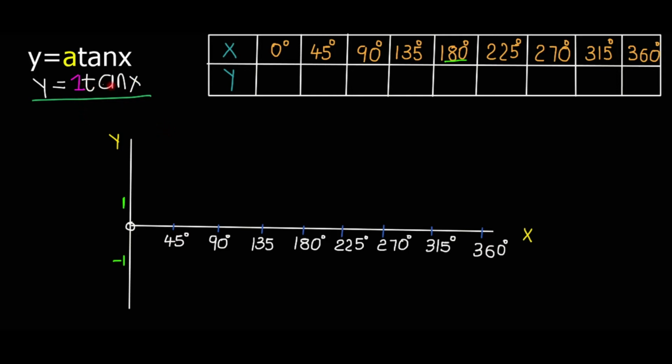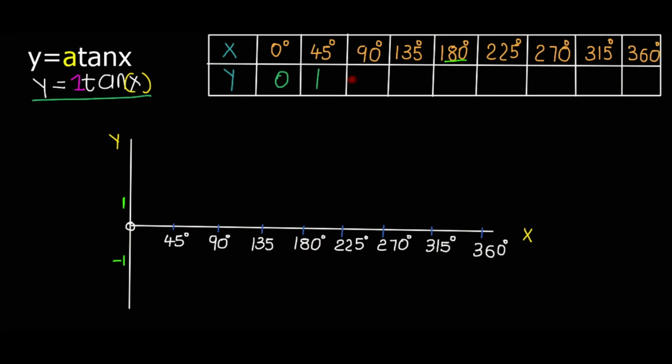You will press the calculator, press tan, and then substitute these x values. So you will have tan 0. When you press tan 0 on the calculator, it gives 0, and tan 45 gives 1, and tan 90 will give undefined. Error is error, but this doesn't mean there is something wrong.